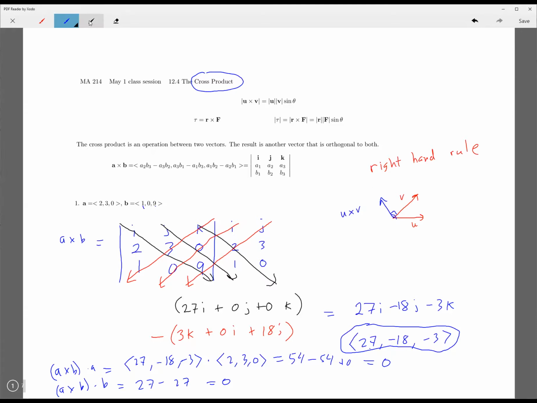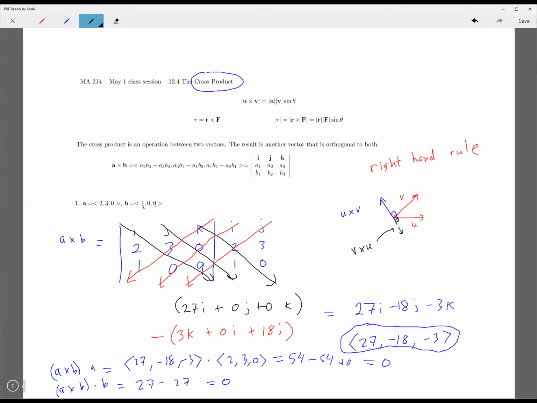Now if you go V cross U, if you take your fingers and go from V to U, the only way you can do that is if you put your hand upside down. It goes from V to U, your hand is upside down, and your thumb is going to point downwards. So V cross U is going to be this vector here, and it'll also be orthogonal to both of these.